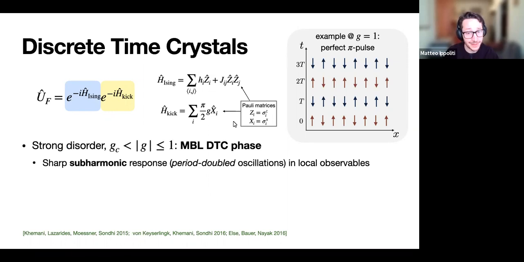And in that case, we may stabilize a many-body localized phase where, for a value of the Ising kick which is sufficiently close to 1, sufficiently close to this trivial point, we have a whole region of parameter space where this subharmonic response, so these oscillations at twice the period, persist and remain measurable in these local observables.